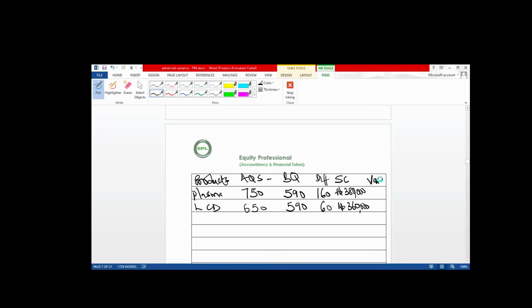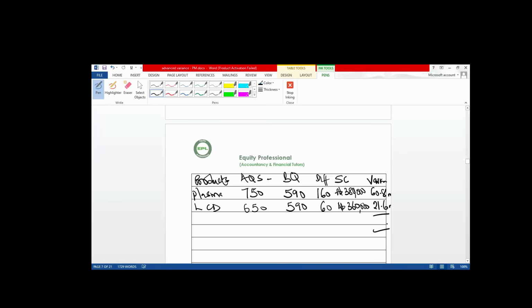Now our variance. 160 multiplied by 380,000 is 60.8 million favorable. 60 multiplied by 360 is 21.6 million favorable.